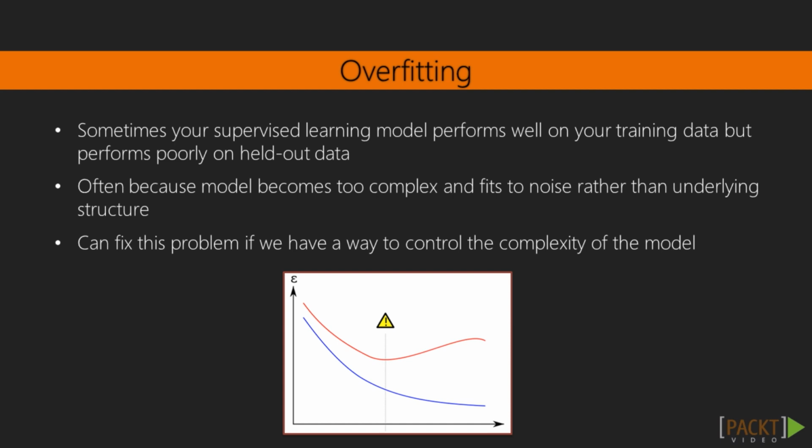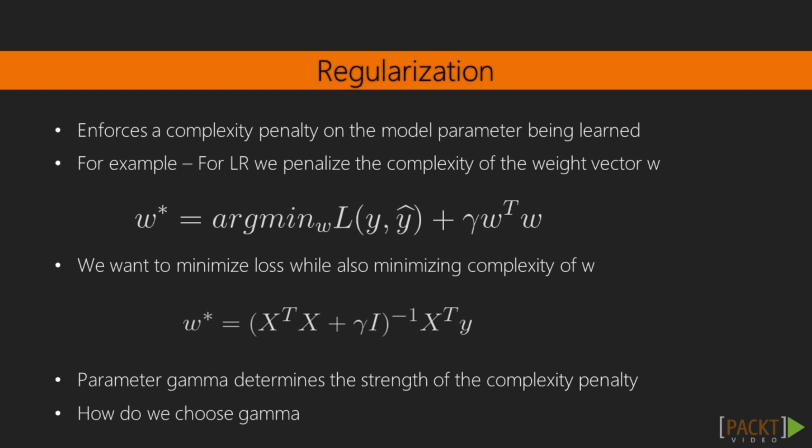In order to fix this overfitting problem, we need a way to control the complexity of the model at training time. This is called regularization. Regularization is a technique that enforces a complexity penalty on the model parameter that is being learned during training. Let's take the example of linear regression. We can measure the complexity of the weight vector W by simply taking its inner product with itself.